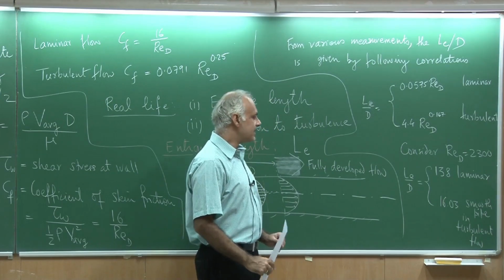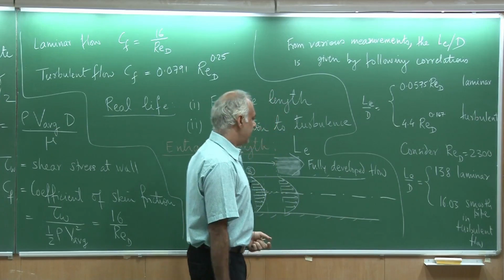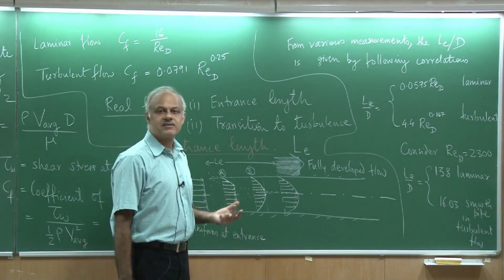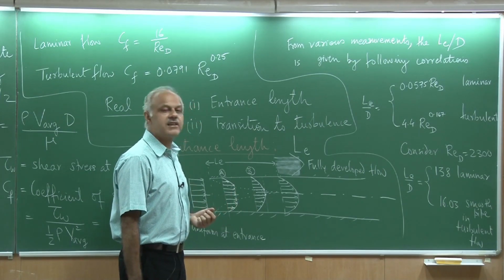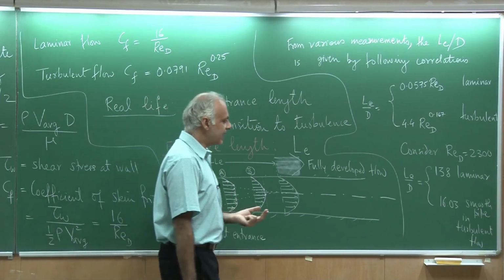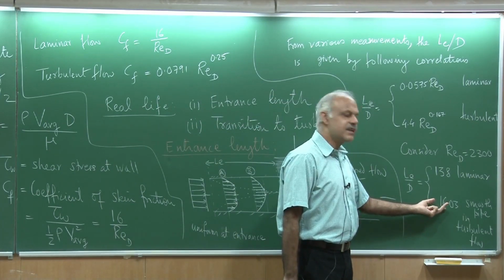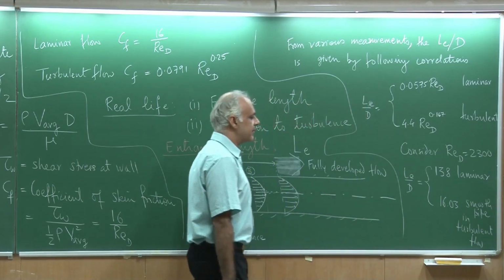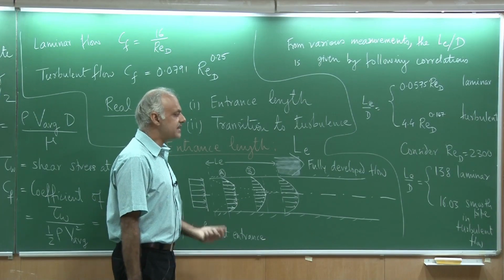So, what does that tell us? For the same Reynolds number, if my flow was laminar, it takes a long length, about 140 diameters, for the flow to become fully developed. On the other hand, if I had a turbulent flow, then it could become fully developed within only 16 diameters of length. And it makes sense.